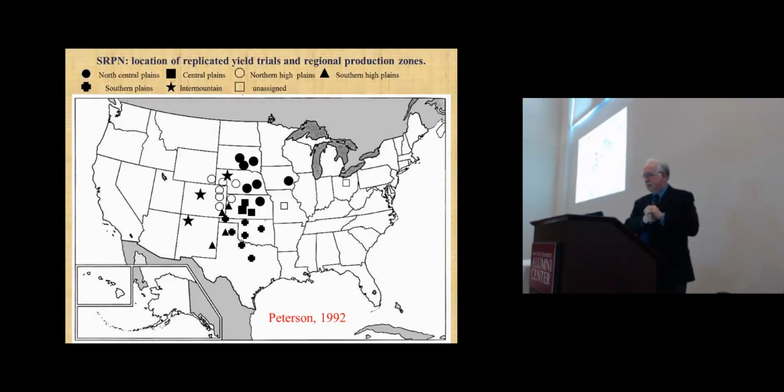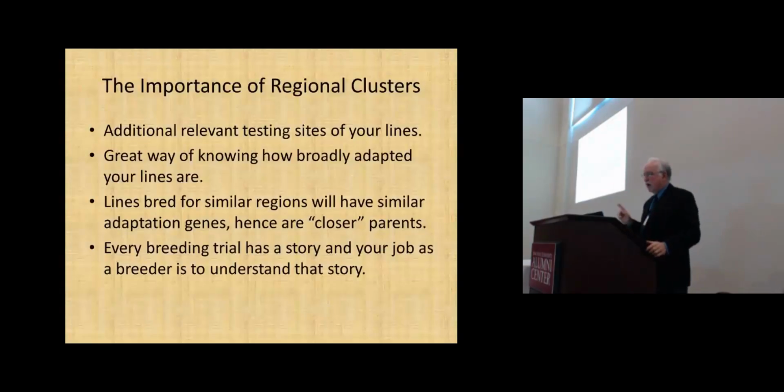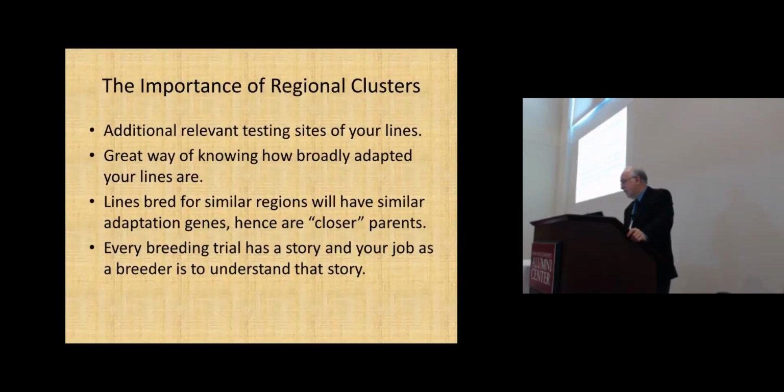Now, if you think about that, why are these nurseries important? First of all, they're a great place for germplasm exchange. Secondly, they give you additional testing sites that are relevant to your germplasm. If you lose something to winter killing or hail or drought or any of the other maladies that happen in wheat, you can go look at eastern Colorado, northwest Kansas, or eastern Kansas, depending upon what you're missing.